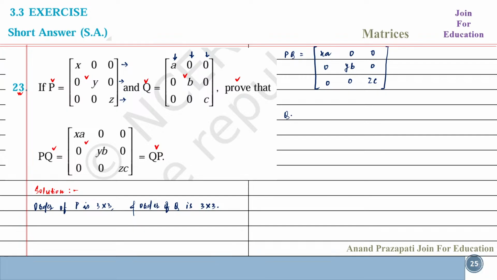Now find out QP. It means that first row by first column, then we get XA or AX. We get 0, 0. Second row by first column will be 0.